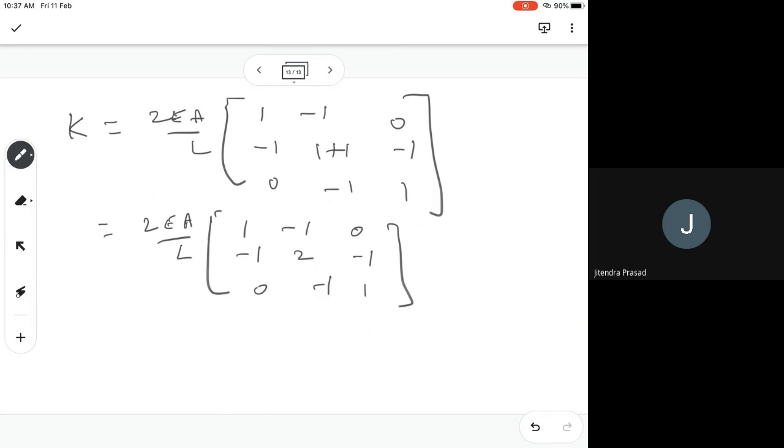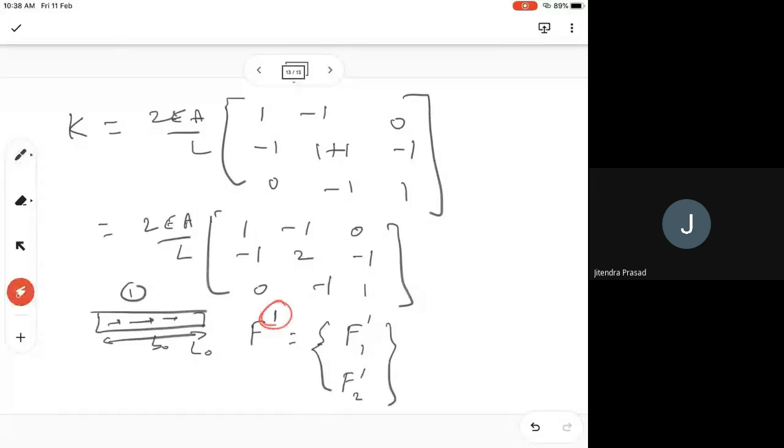Okay, now what about the force? So we have to see. Now take element number 1, and you have this B naught, and you have length L naught, right? For element number 1, the force vector, let's call it F1, will be equal to F11 and F12.